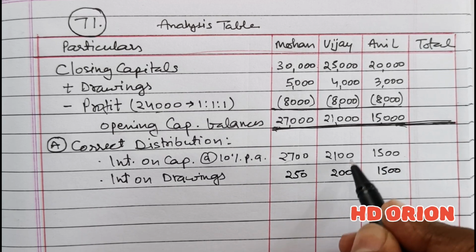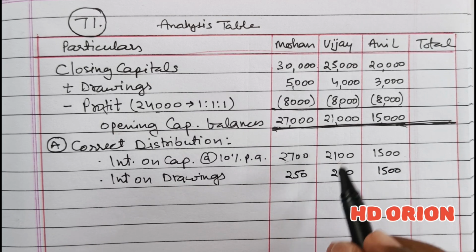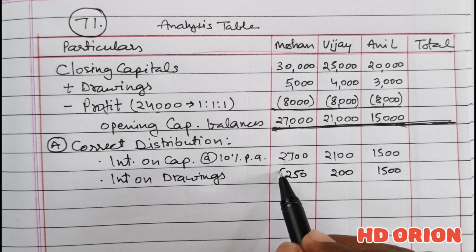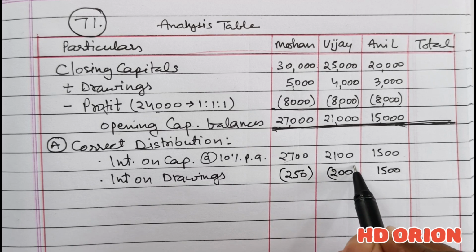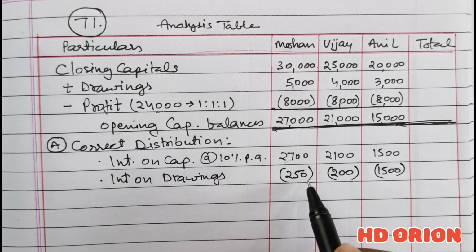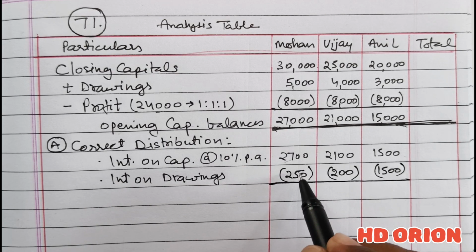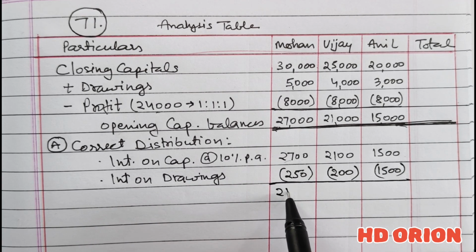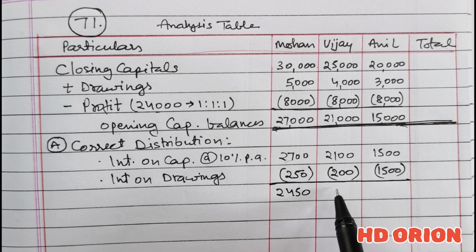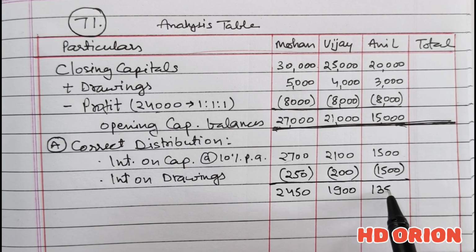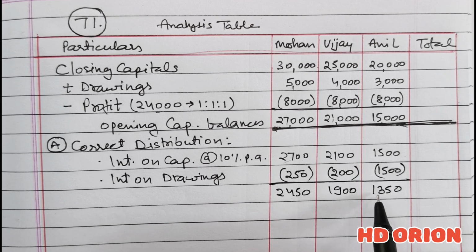Actually they are in contrast. This is paid to the partners and this is paid by the partners. So it will be cancelled against each other. We will cancel this because both are reverse in nature, and when you add this you get 2,450. Here you get 1,900 and here you get 1,350. So the total of these three amounts is 5,700.